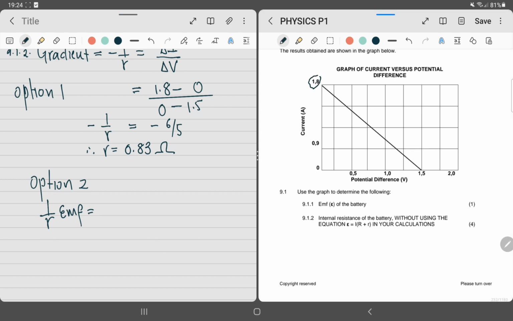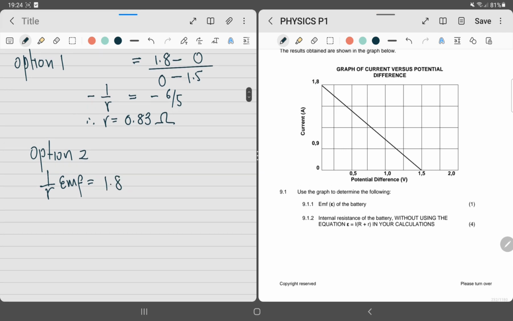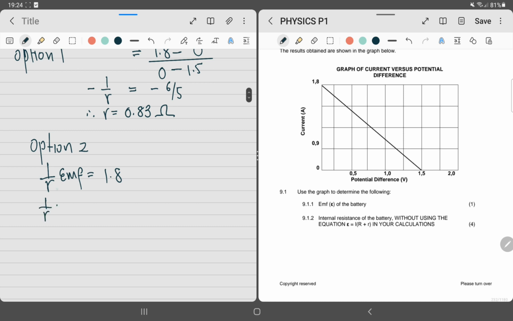The y-intercept is at 1.8, so it should be equal to 1.8. The value of the EMF is 1.5. So we'll say 1.8 divided by 1.5. So we are getting 6 over 5. And then we're just going to find the inverse of the answer. So we are getting 0.83.